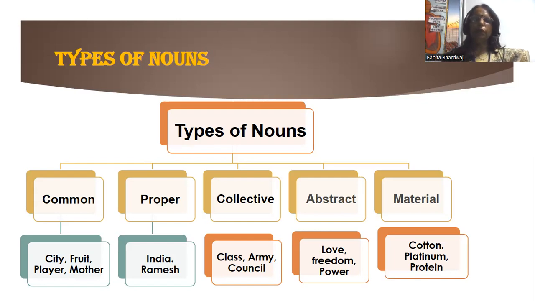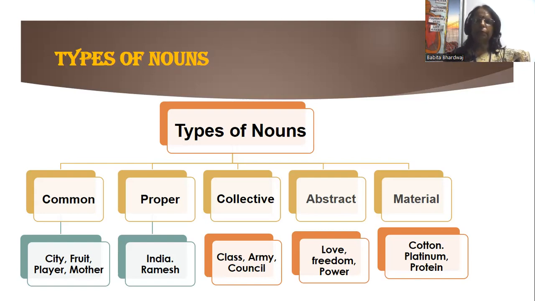Similarly, abstract nouns. As this term indicates, abstract means which we can't touch. So these words, love, freedom, or power, will fall under this category of noun. Now coming to the last category, that is material noun, as the name indicates. Material may be cotton, wood, platinum, gold, steel or protein.